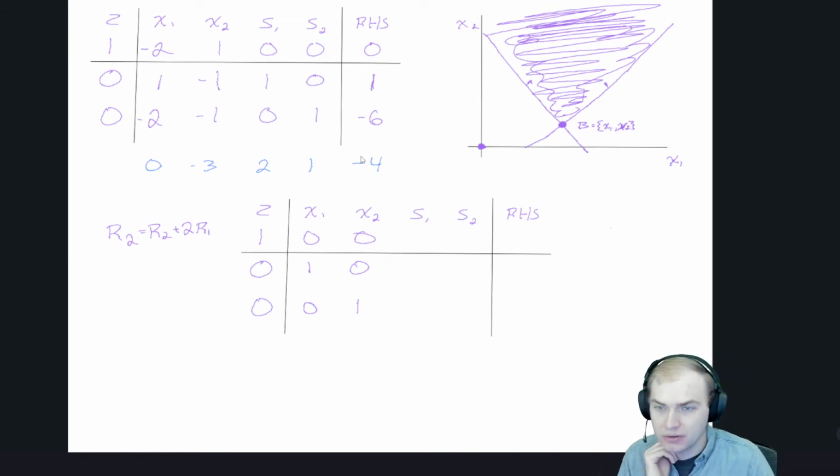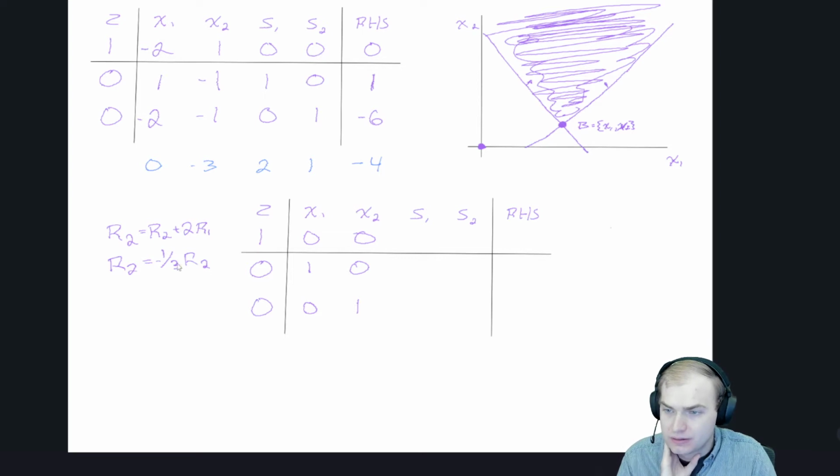And so that's our temporary row 2. And then we want to do a row 2 equals 1/3 row 2, which is going to get -1/3 row 2, which will have a 0 here, or a 1 here, rather, -2/3, and -1/3, and positive 4/3.